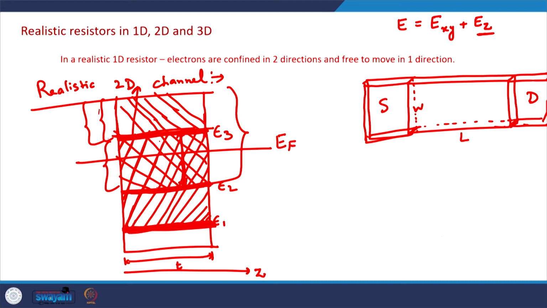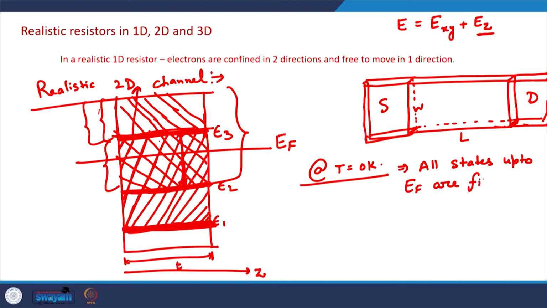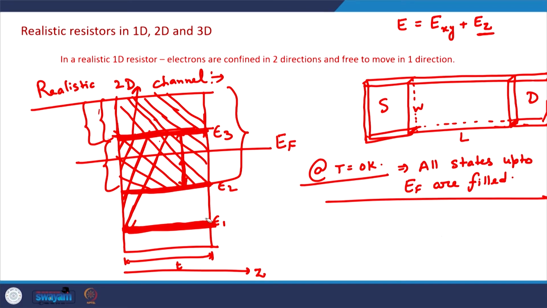Now, if we need to calculate the total number of electrons in this system, in this channel, at T equal to 0 Kelvin, let us say, which means that all states up to the Fermi level are filled. Okay. So, all the states up to this Fermi level are filled, and how many states can be there up to the Fermi level?